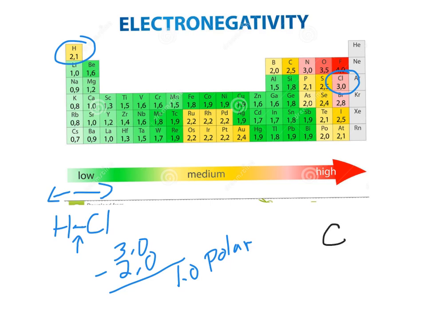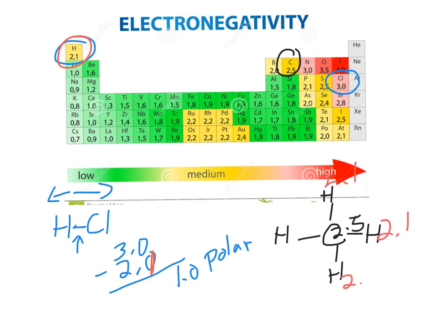If I take a carbon, and let's make this a methane compound, okay, my electronegativity for carbon is 2.5, and hydrogen is still 2.1. Whoops, I needed to redo that. Okay, so here I'm going to have 2.1, 2.1, 2.1, and 2.1.